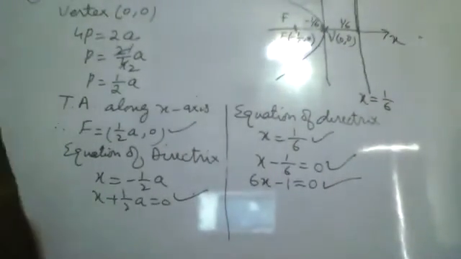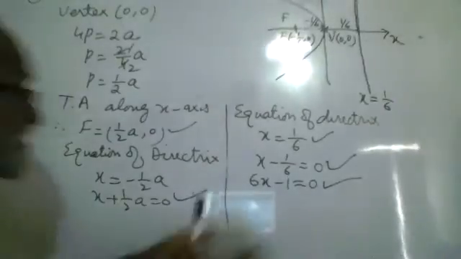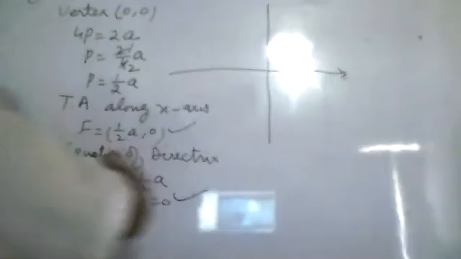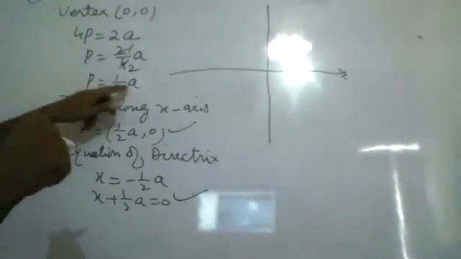So this is the equation of the directrix, and if you sketch it, positive 1 upon 2a, comma 0 will be here. F is 1 upon 2a, comma 0. Focus. This is the vertex, the origin.